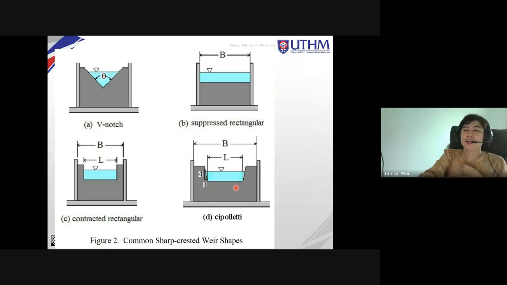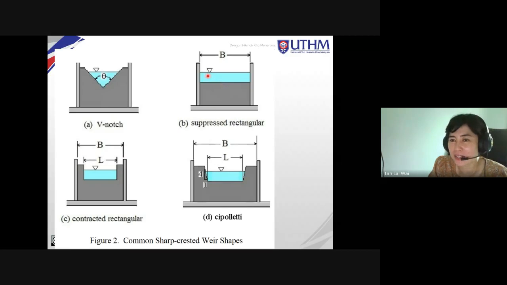Okay, now, just like I said, I'll come back to this. What's the difference between B and C rectangular weirs? Look at the side. You compare it with C. Here, it is still a rectangular weir, but basically the opening of the weir is smaller than the width of the channel.